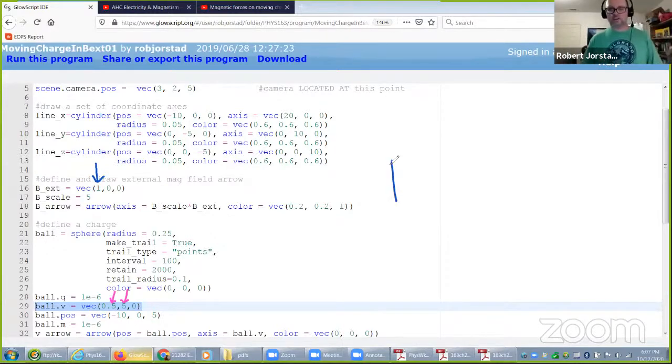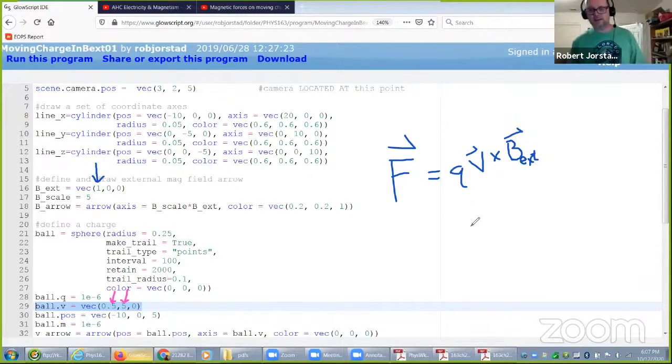We were just told force is Q V cross B external. Okay, so we've got our external magnetic field here.